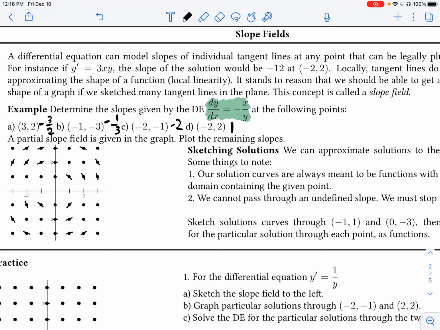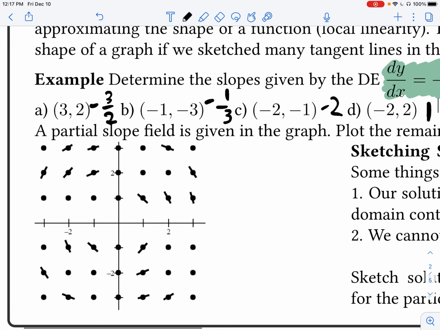Okay? So now what a slope field is, is a field of all of these tangent lines just graphed together. So for example, if we look specifically at this particular slope field, you can see that it's partially filled in. I've already graphed a couple of the tangent line slopes here.